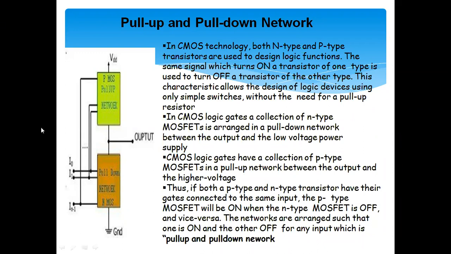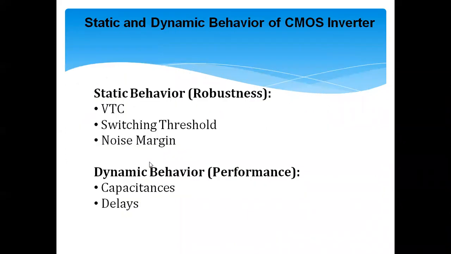So this upper network acts as a pull up network, and this downward one acts as a pull down network. So this is how this CMOS inverter works in a pull up and pull down network fashion.